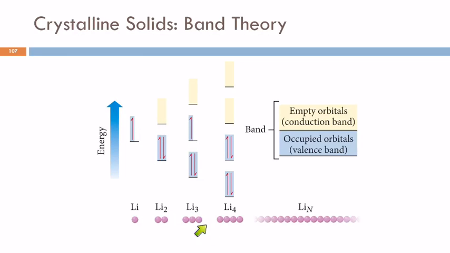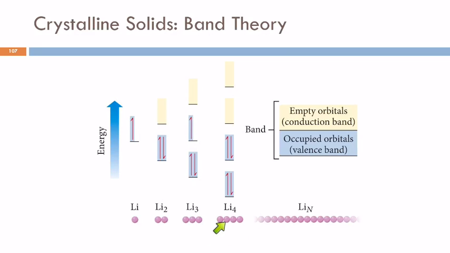If we put in a third lithium atom, now we have three s orbitals combining to form molecular orbitals. And what happens is we get this combination here. So the anti-bonding orbital and the bonding orbitals are there.